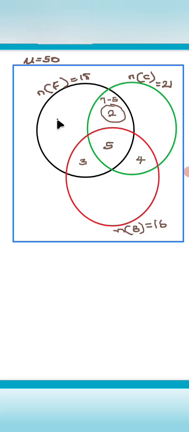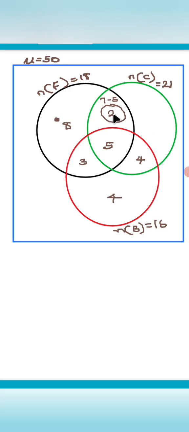Then to get what is here, we add all this together and subtract it from this 18. So I have 2 plus 5, that is 7, plus 3, that is 10. 18 minus 10 will give us 8, so 8 will be here. To get this one, 5 plus 3 is 8, 8 plus 4 is 12, and 16 minus 12 will give us 4 here.